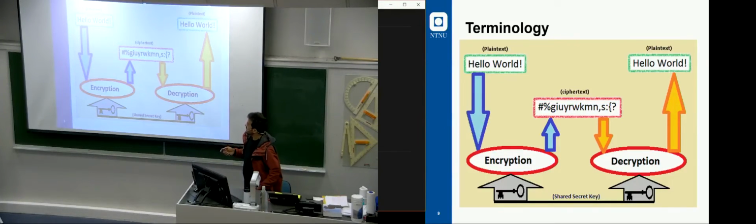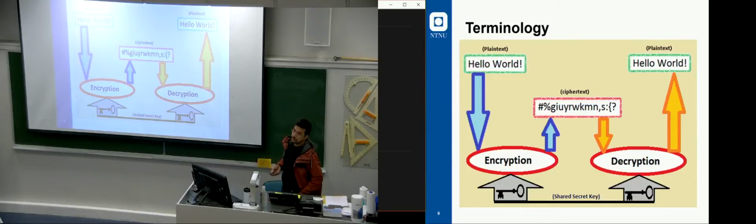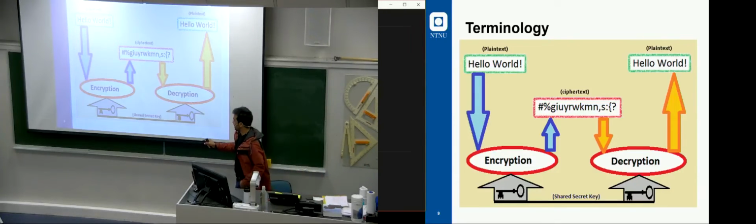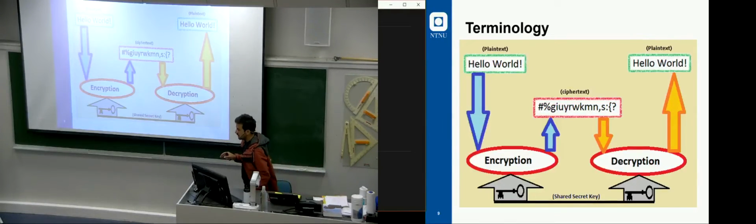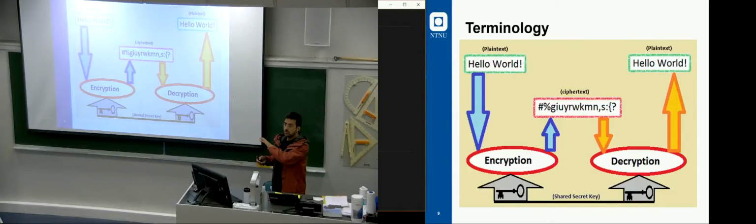And from the decryption side, the same thing is decrypted using the same key to get the original message, which was hello world. This is the terminology that you will see throughout these slides, and this is the main slide to understand the process of encryption and decryption.